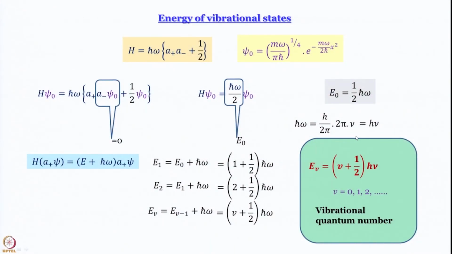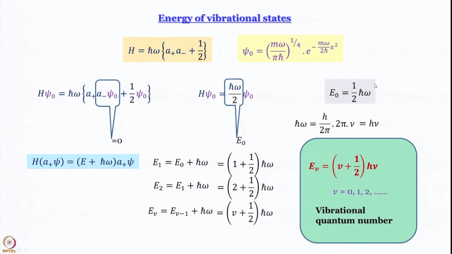We have dealt with this in a little more detail in the molecular spectroscopy course. Okay. So, this is our expression where we wanted to get E_v equal to v plus half h nu. We know the expression for the energy of all the vibrational energy levels of the quantum harmonic oscillator.